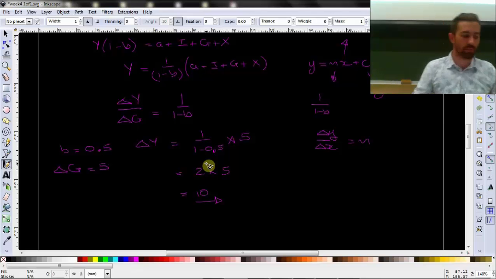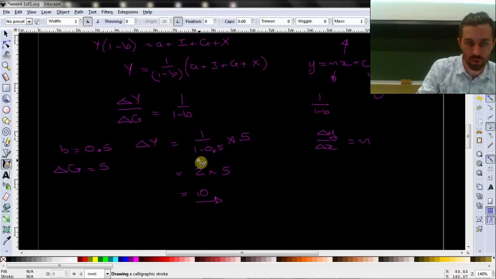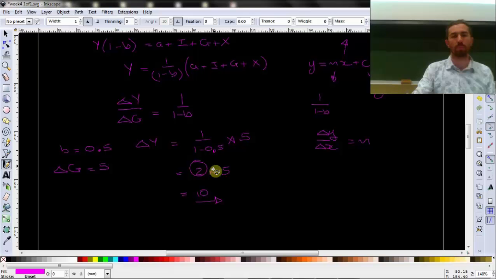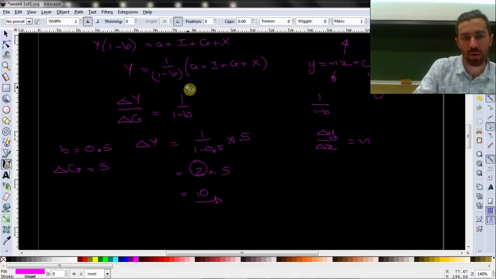This here, this thing, 2, is the multiplier. In other words, this whole thing here is called the multiplier.